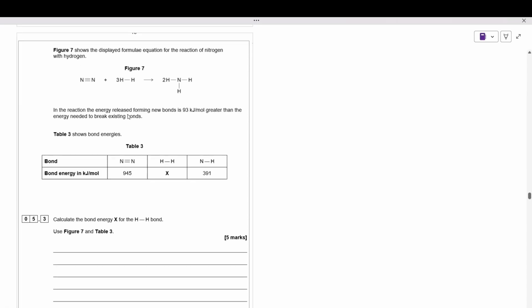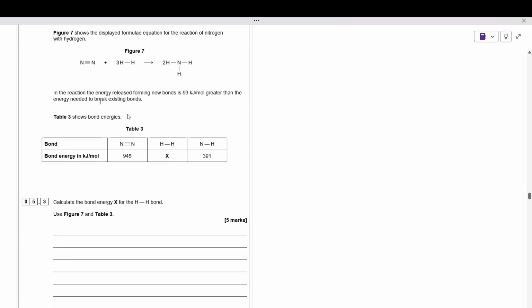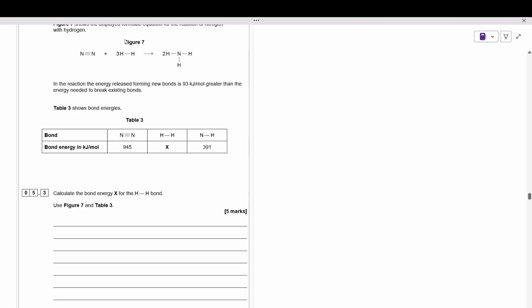Figure 7 shows the displayed formula equation for the reaction between hydrogen and nitrogen, and we can see what figure 7 looks like. We're going to explore this in a second. Now, in the reaction, the energy released forming new bonds is 93 kilojoules per mole greater, and that's the key thing, greater than the energy needed to break the existing bonds.